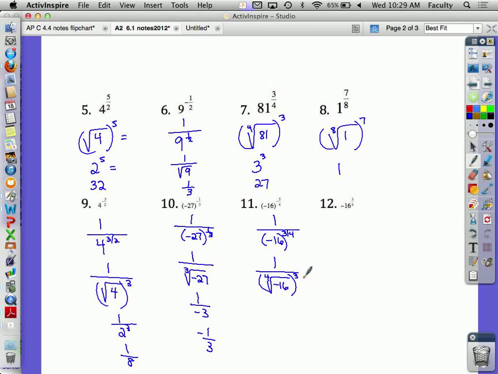So remember, in the fraction, the denominator is the root, and the top number is the power. All right, can you think of a number, and before you answer me, I want you to think and test it first. Can you think of a number that when I multiply it times itself 4 times, it's going to produce negative 16? Okay, good job.